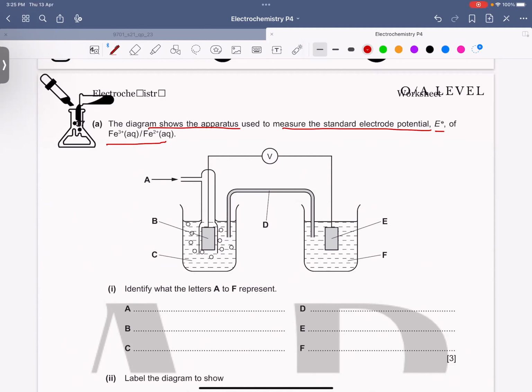Okay. Identify what the letters A to F represent. Okay, it would be easier. Who can identify A? Sir, hydrogen gas. Hydrogen gas.